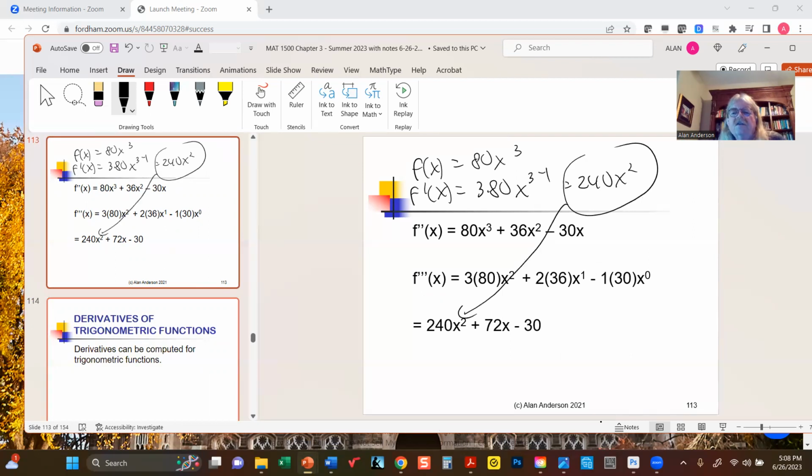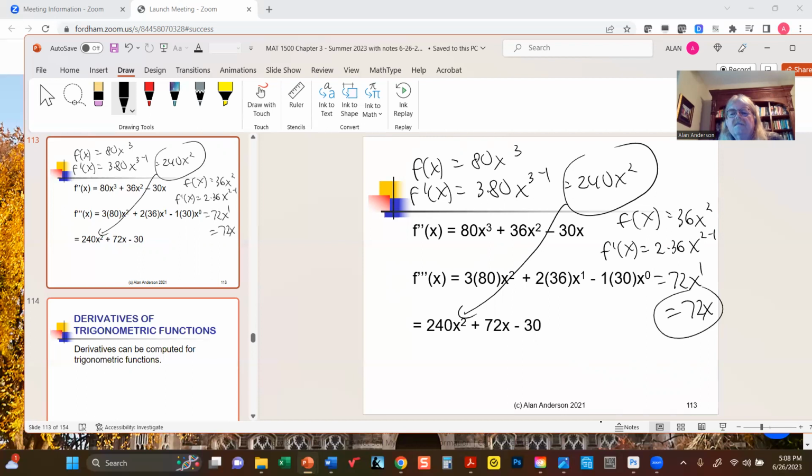And then for the 36x squared, 72x. And then finally, we had a negative 30x up there. Remember that 1 is the exponent.